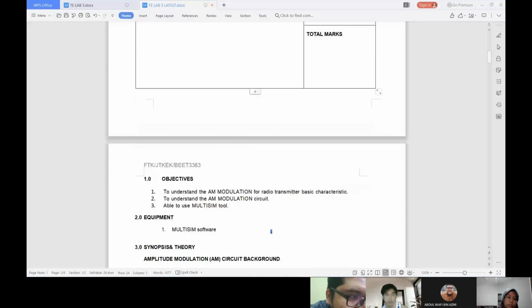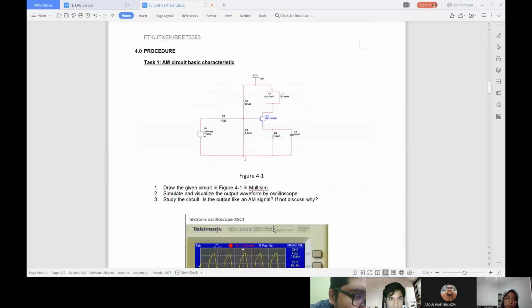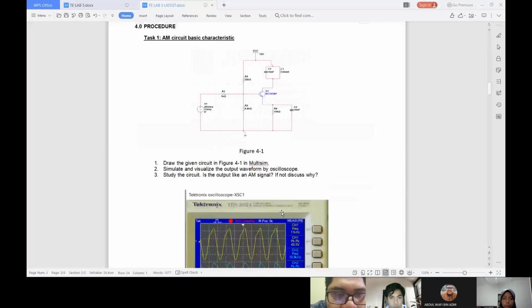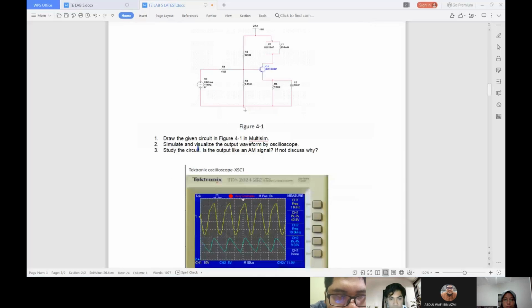Alright. So this is the first part of this lab. First, we construct the circuit given by the report, and then we use the oscilloscope to visualize the output. So this is the output.